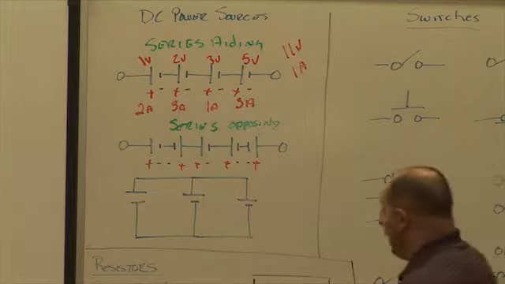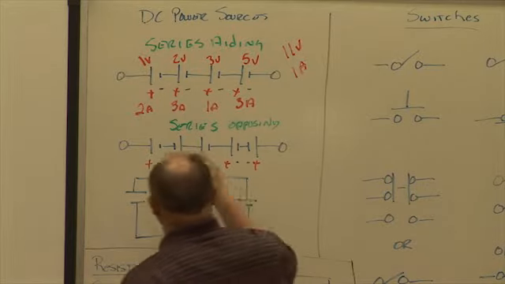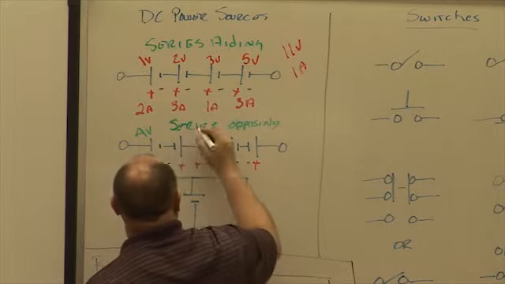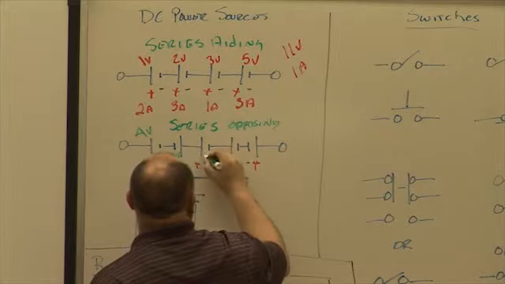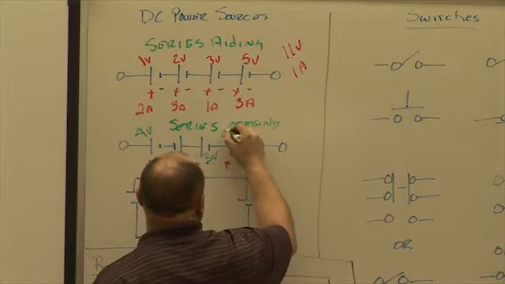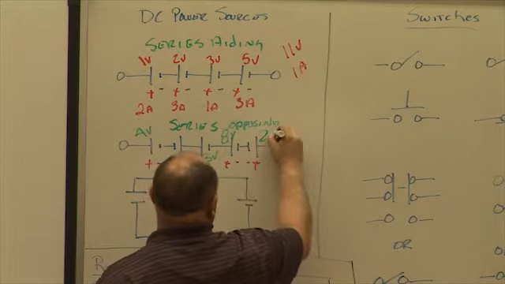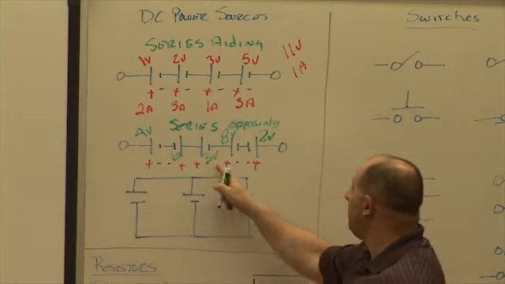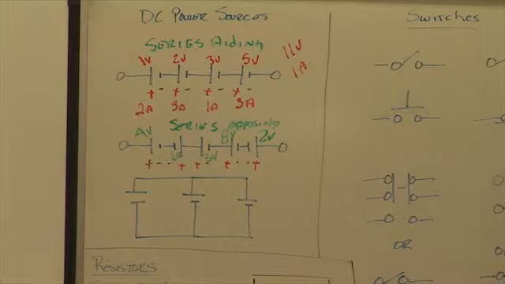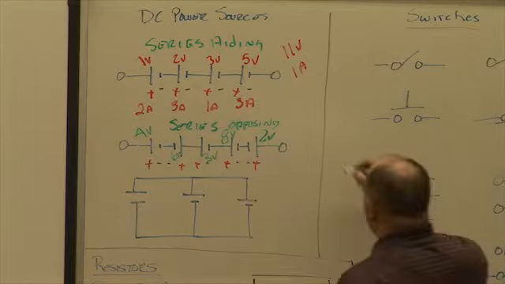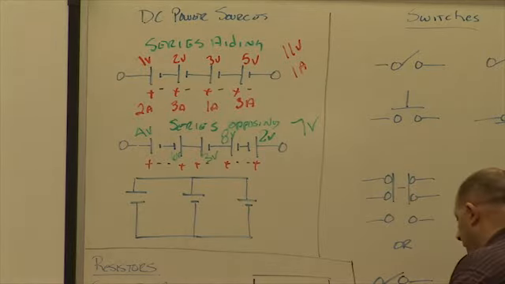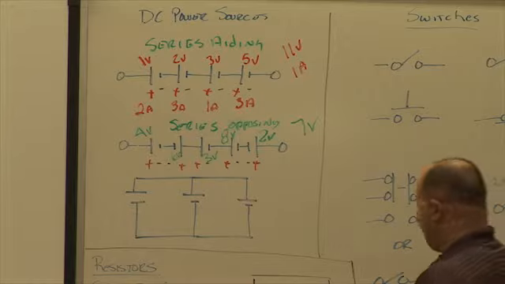So I can assign values once again: 4, 6, 3, 8, and 2. I need to know the total potential for that configuration. Some of you are good enough to eyeball it: 7 volts. Those of you that are like, huh? What were you told to do? Group them, right?